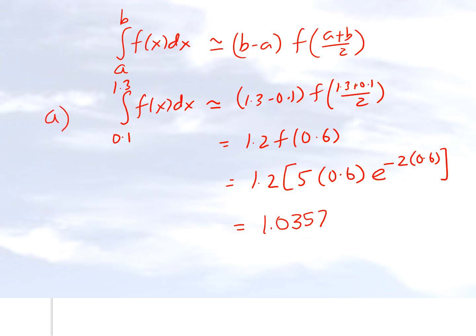Let's go and find out what the true error is and what the relative true error is. So the true error will be the true value minus the approximate value.